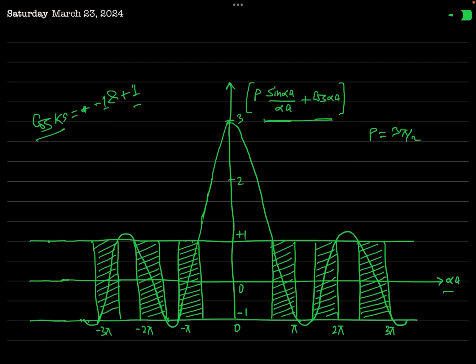Since the RHS will never be less than -1 and never greater than +1, the LHS should also never be less than -1 and never greater than +1. But what is actually seen in this graphical plot? You can see at this point alpha A equal to pi.